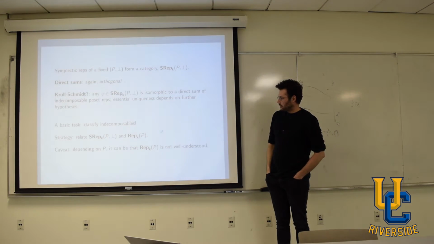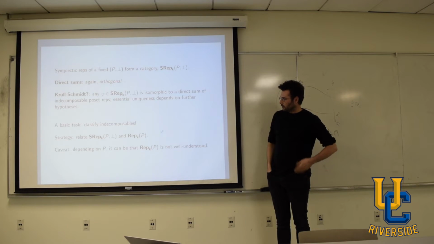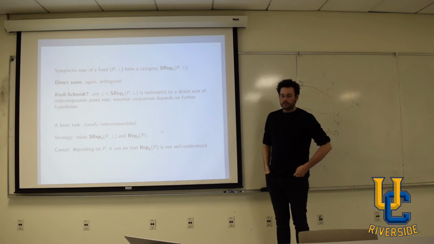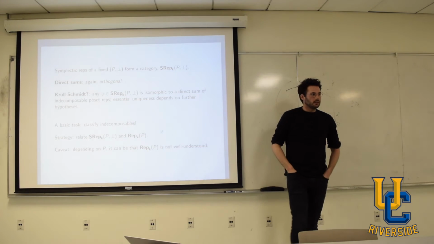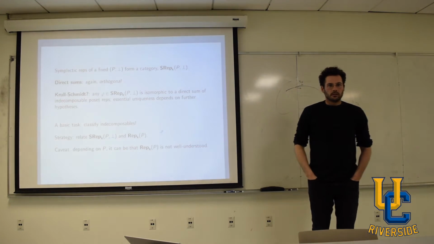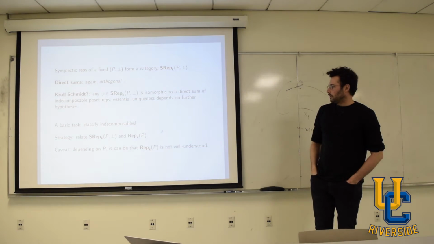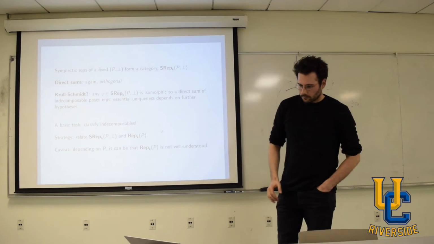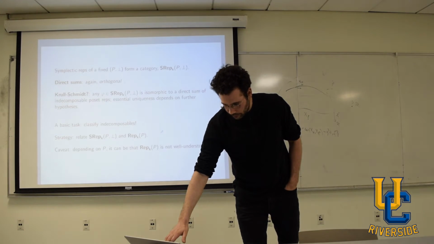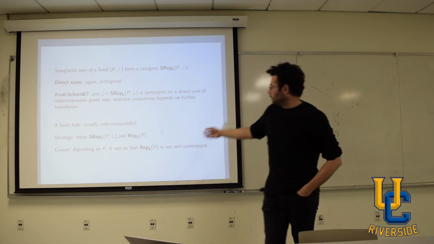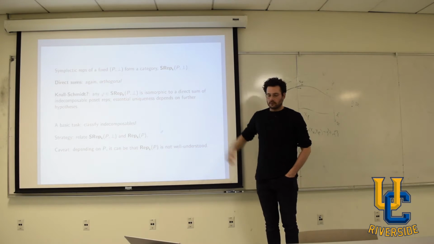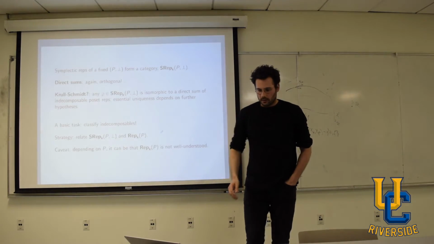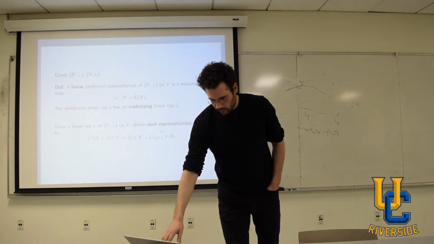The finite type and the tame type ones are fully classified, and in the finite type you only have finitely many indecomposable pieces, and in the tame type you have infinitely many, but they're under control in some sense. So in those cases, if we relate the symplectic poset representations with the normal poset representations, we can solve problems.